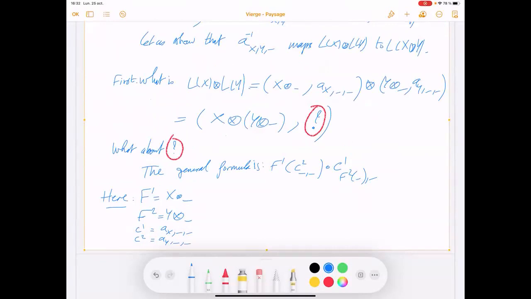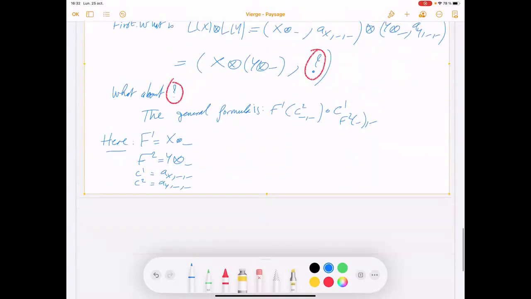So you apply F1, you get X tensor something.